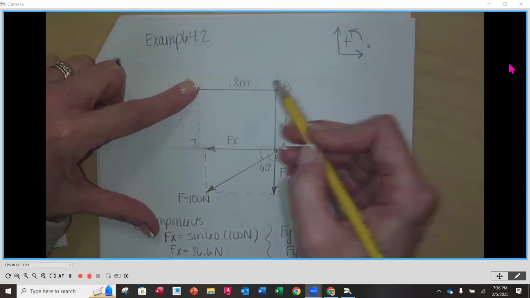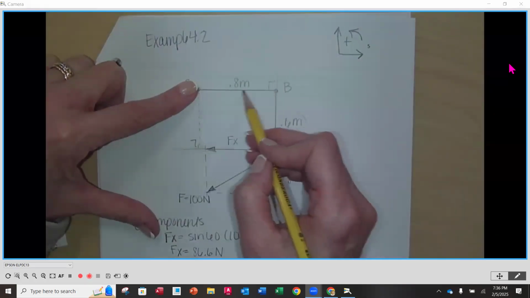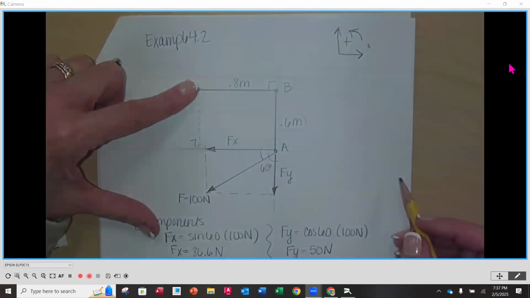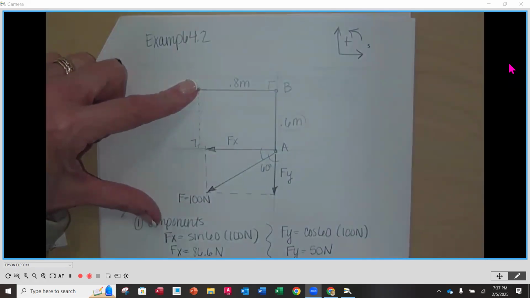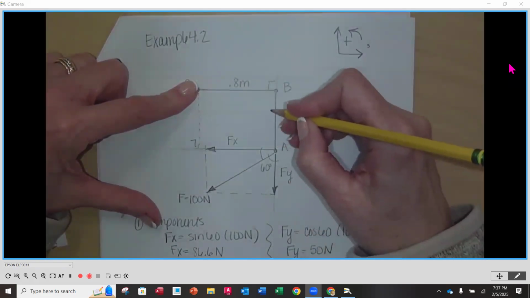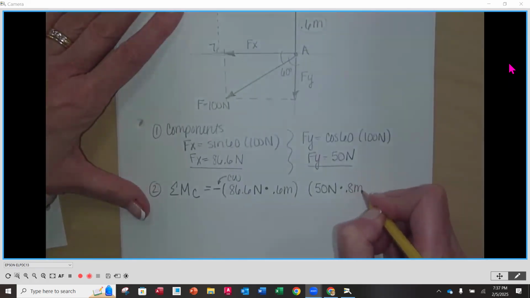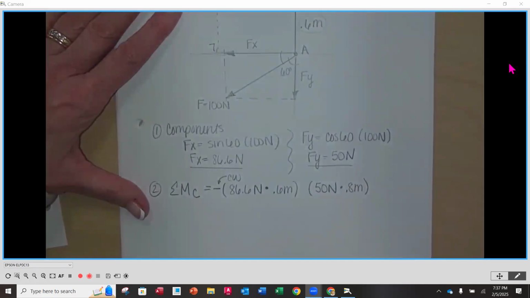Do you see how 0.8 is the perpendicular distance to Fy? Remember, we can move that force anywhere along its line of action, the principle of transmissibility, and not change the net effect on the body. So our perpendicular distance is going to be 0.8 meters with the 50.